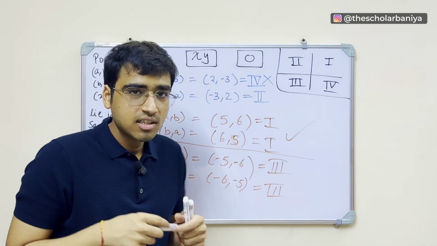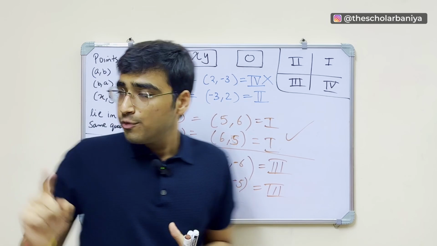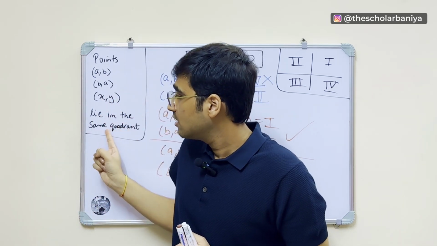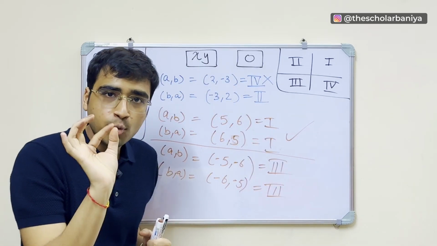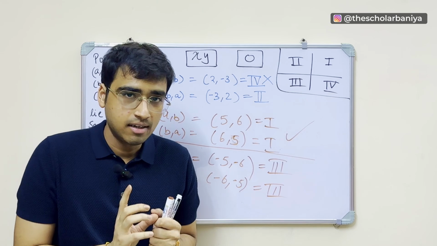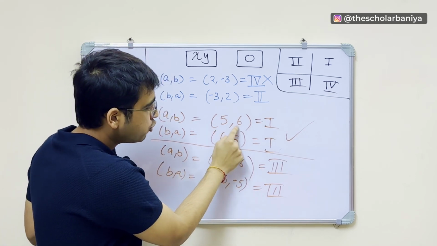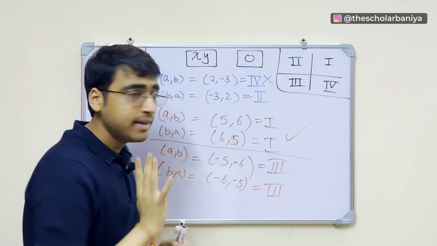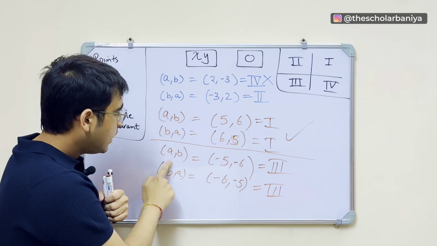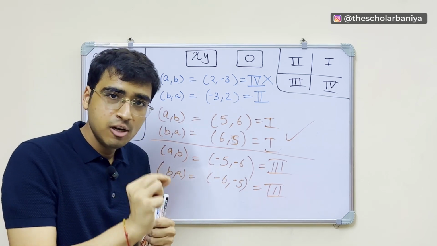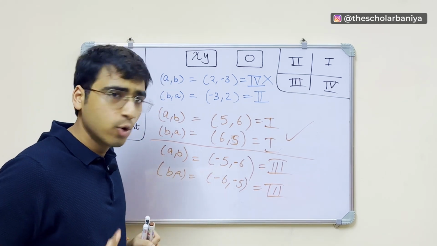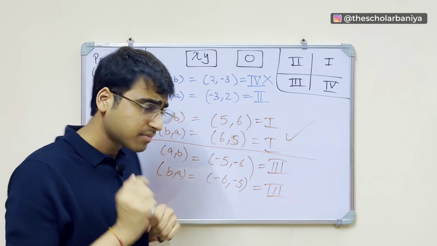So basically what this means is that if we have to satisfy this condition, then both a and b should be of the same sign. That means either both should be positive or both should be negative. Then only (a, b) and (b, a) will be in the same quadrant. I hope this should be very clear, right?